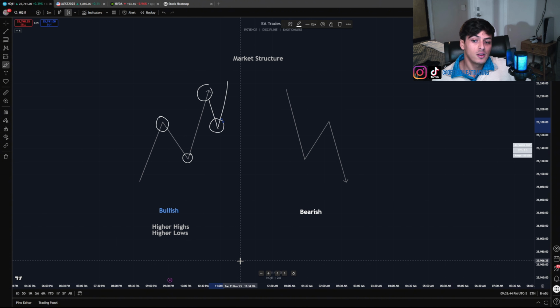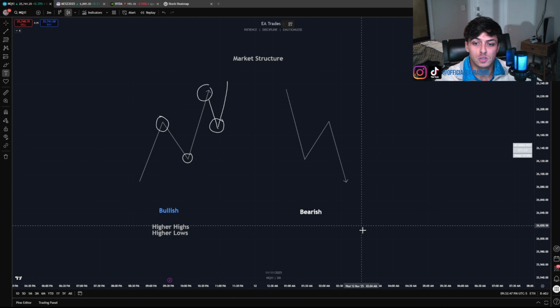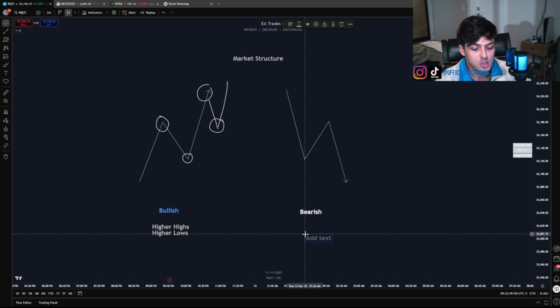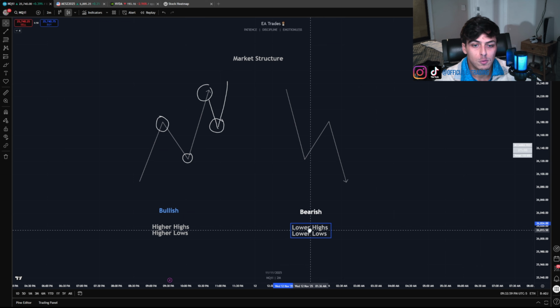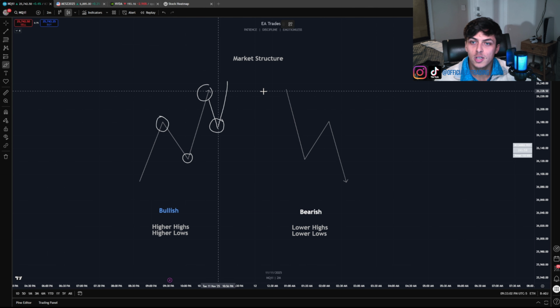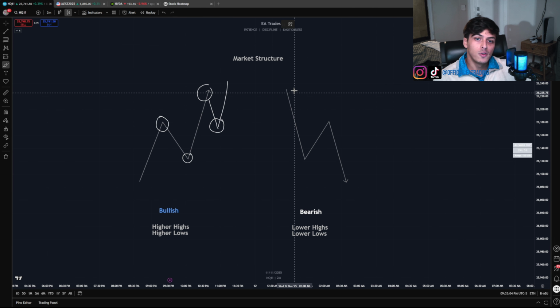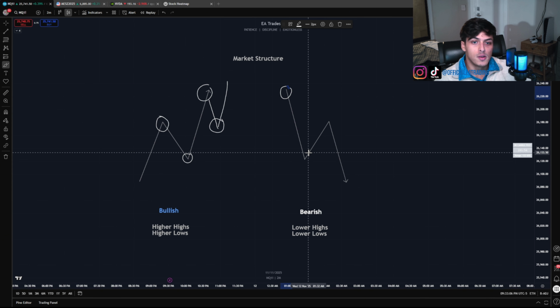Now, the same thing for bearish market structure, right? So bearish market structure is composed of lower highs and lower lows, as you guys probably would have already guessed. That's what it's composed of. So in bearish market structure, you have a high up here and you have a low.